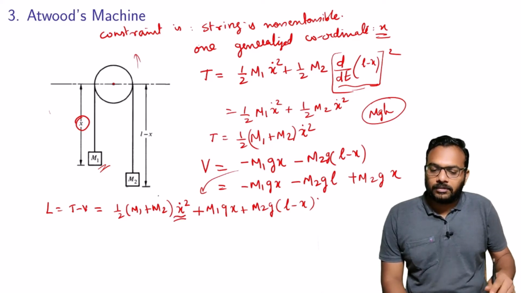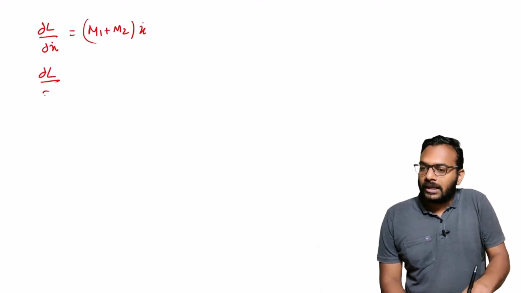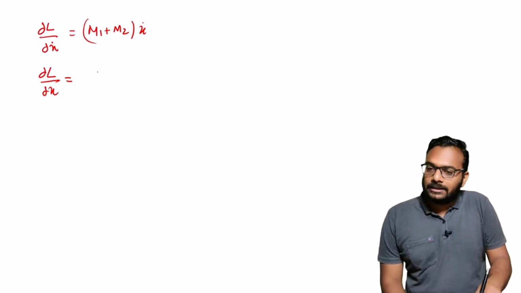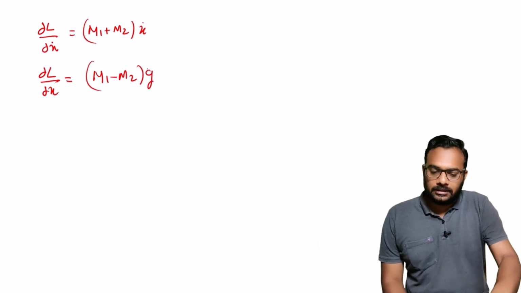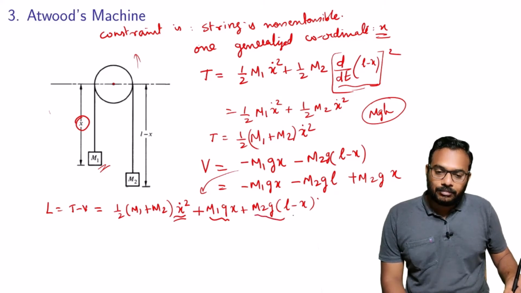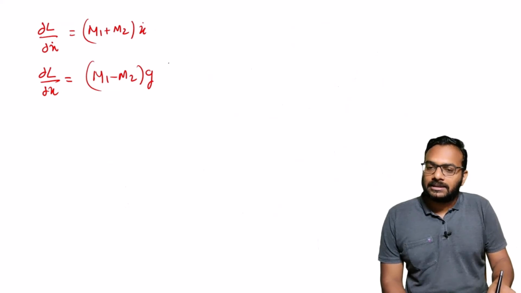And what's dou L by dou x? It is (m1 minus m2) g. If you take the derivative dou L by dou x, you will have an m1 g from here and minus m2 g from here, because there's a minus sign here. That's why we have got (m1 minus m2) g.